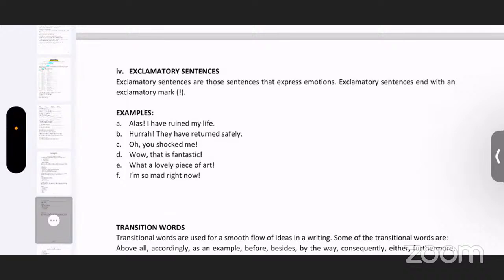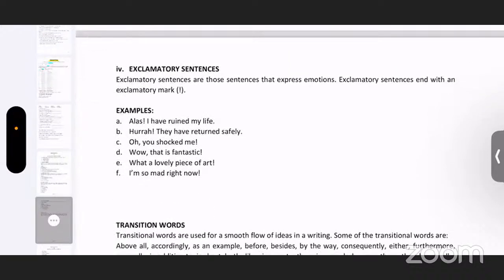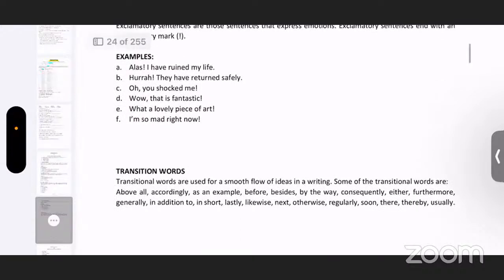Oh, so the way we give the expression, the way the sentence comes out depends upon the kind of word you use in exclamation. They express emotions, and exclamatory sentences end with the exclamation sign.